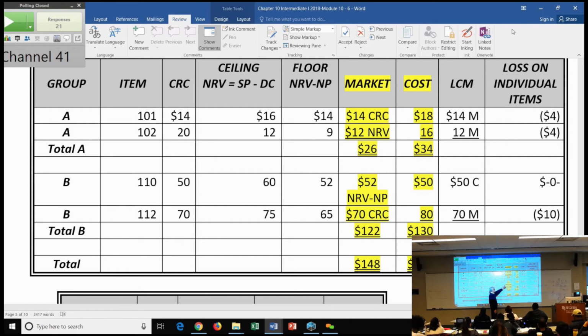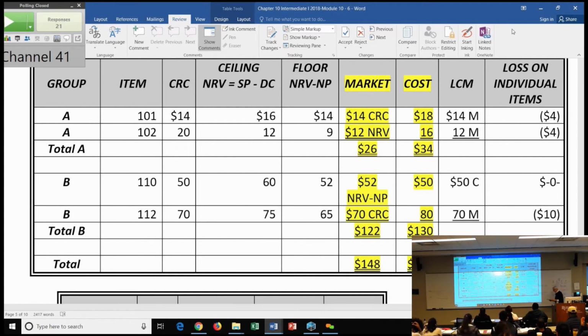When we move to Group B, you'll see that the floor value of 52 becomes market, and cost is 50, cost is lower, so there's no write down there. And the last one, market current replacement cost is 70, cost is 80, market turns out to be 70, and we need to write it down by 10. So the total loss that we would take on individual items would be $18 in this case. We have to write it down by 18.